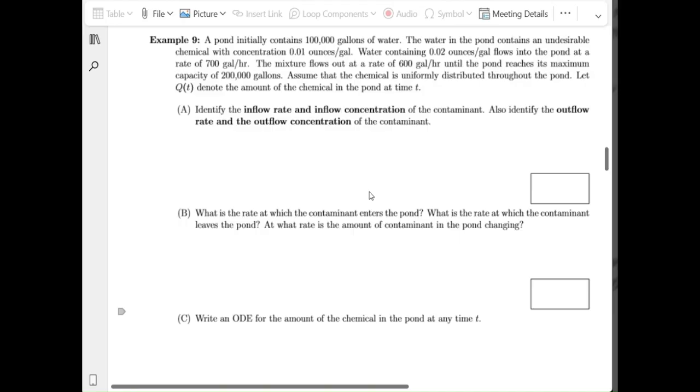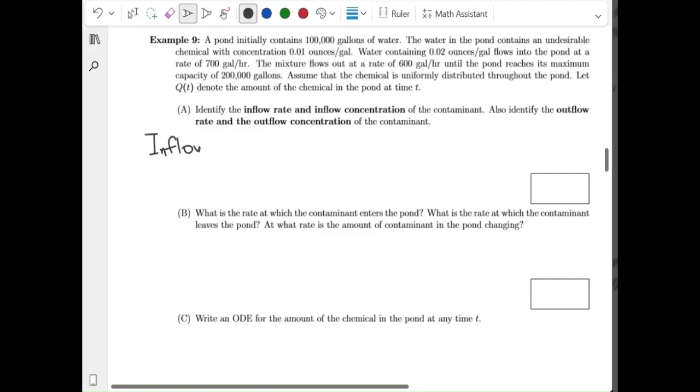Assume that the chemical is uniformly distributed throughout the pond. Let Q of T denote the amount of chemical in the pond at the time T. So in part A, it's asking you to find the inflow rate, which we figured out is 700 gallons per hour.